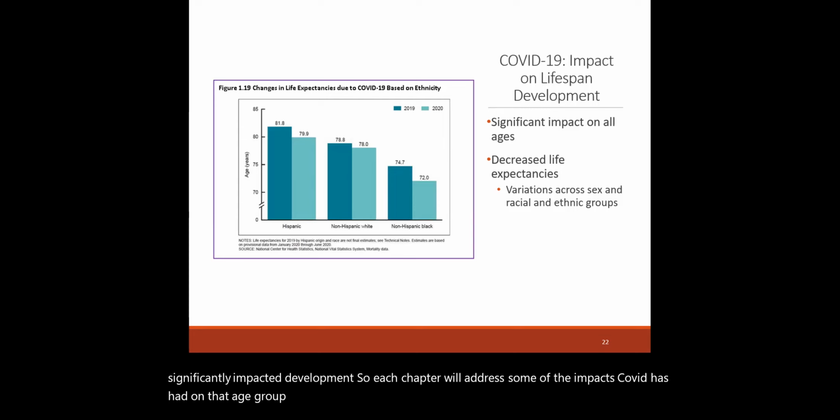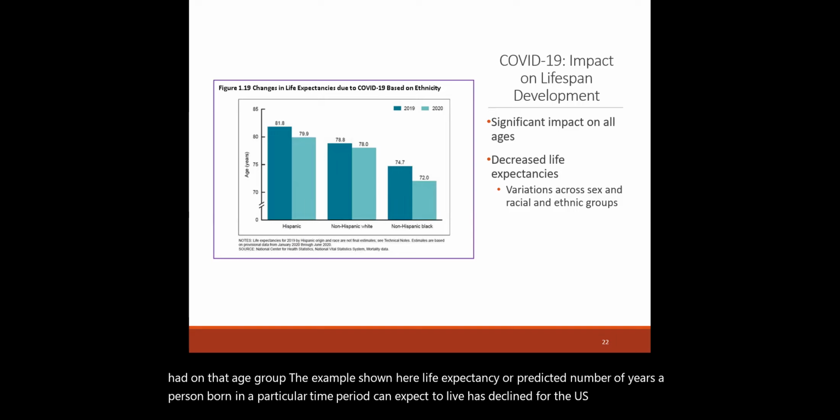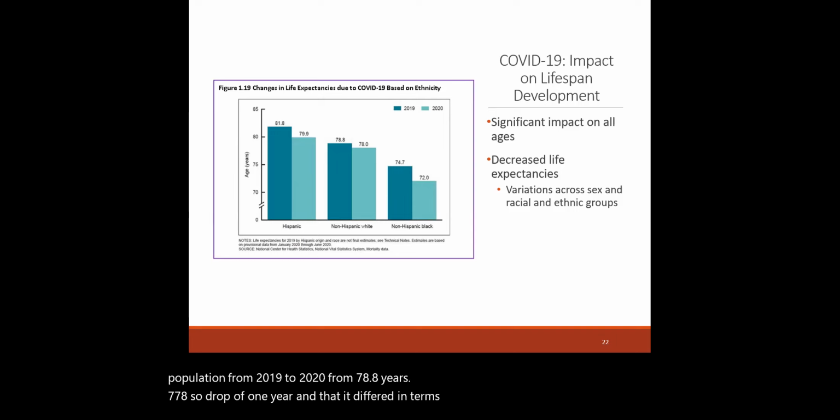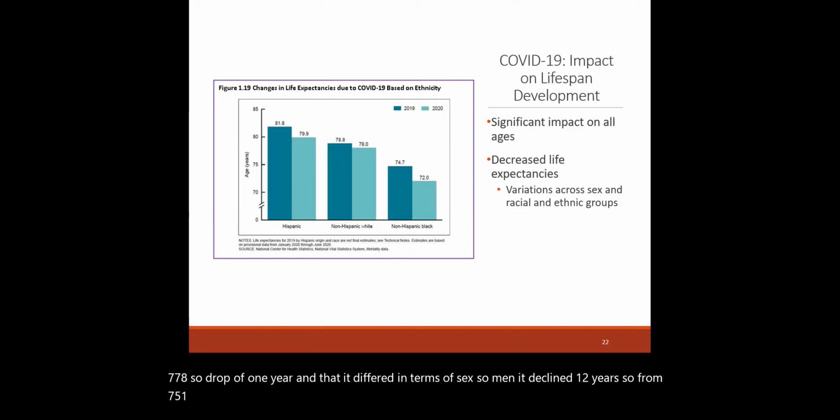The example shown here, life expectancy, or predicted number of years a person born in a particular time period can expect to live, has declined for the US population from 2019 to 2020, from 78.8 years to 77.8, so a drop of 1 year. And that it differed in terms of sex. So for men, it declined 1.2 years, from 75.1 years. For women, it declined only 0.9 years from 80.5.